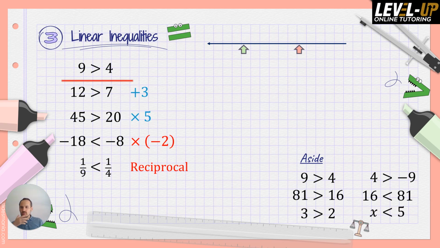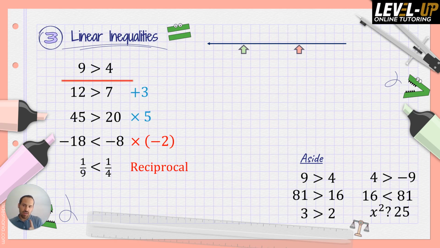And so that becomes a problem when we're dealing with algebraic inequalities. So if we have x is less than 5, if we square both sides and we have x squared and 5 squared, which is 25, is x squared now less than 25 or is it greater than 25? And the answer is we can't know because it depends on the value of x.